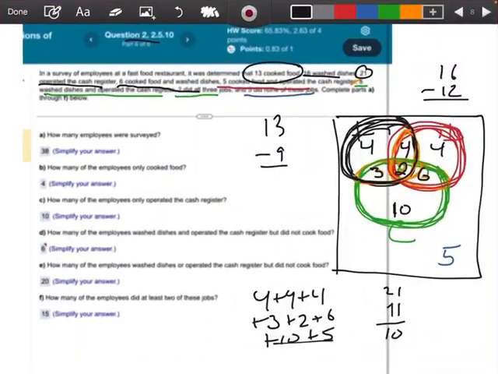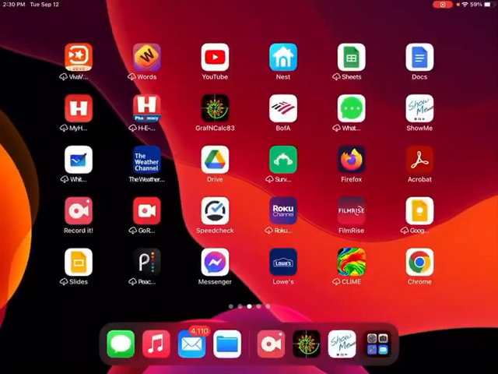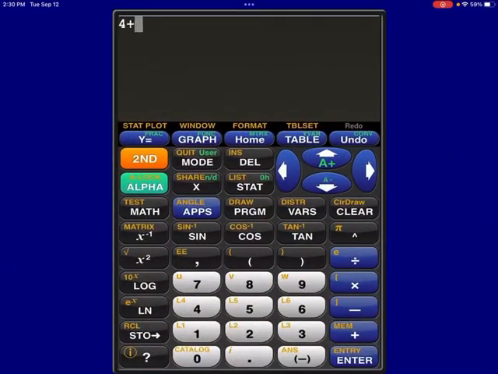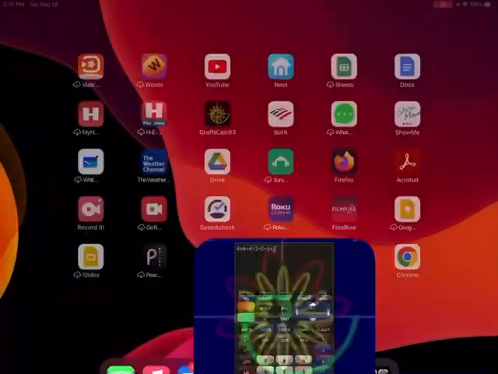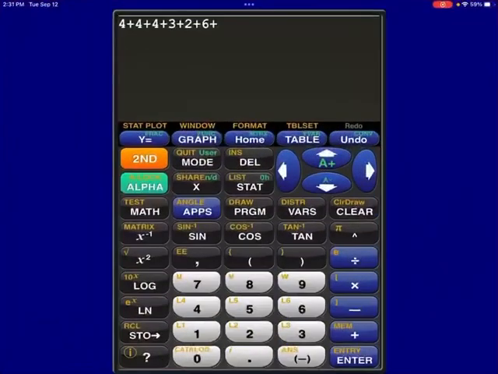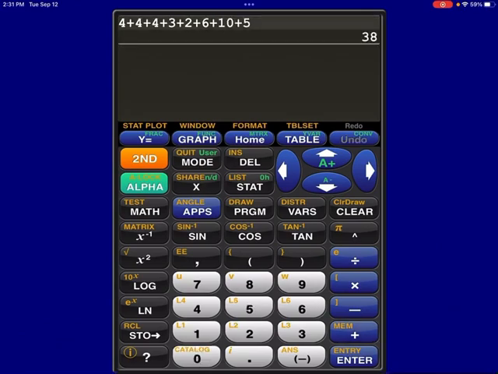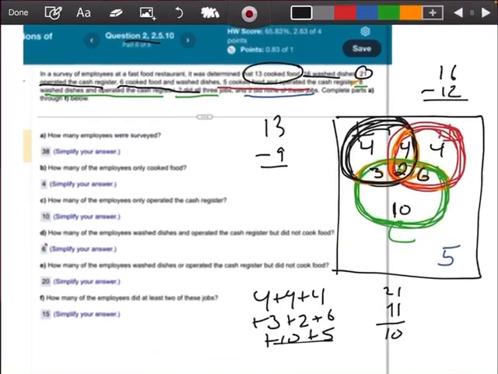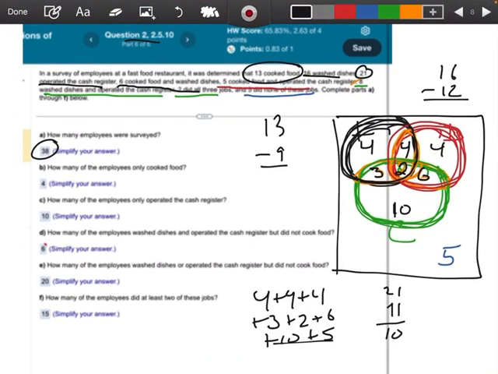So 4 plus 4 plus 4 plus 3 plus 2 plus 6 plus 10 plus 5. That's going to give me 38. So y'all are going to come over here, and look, the student got it right. It was 38.